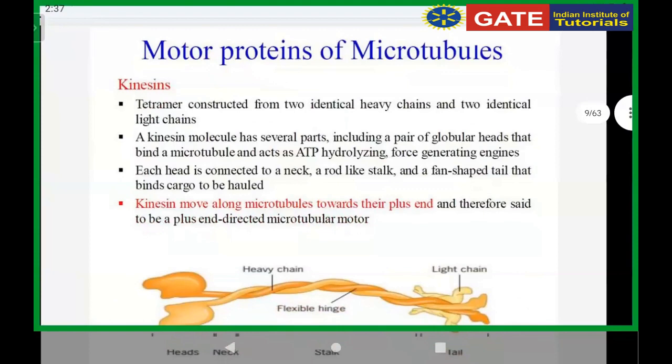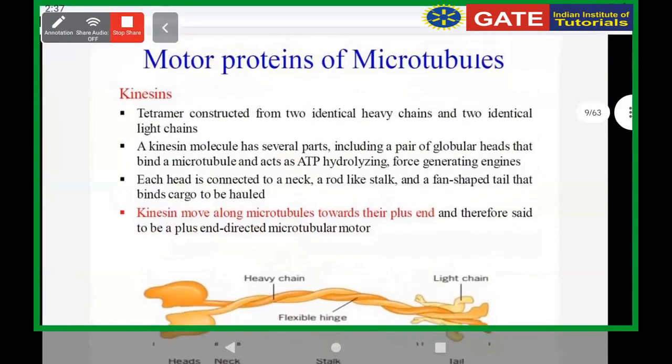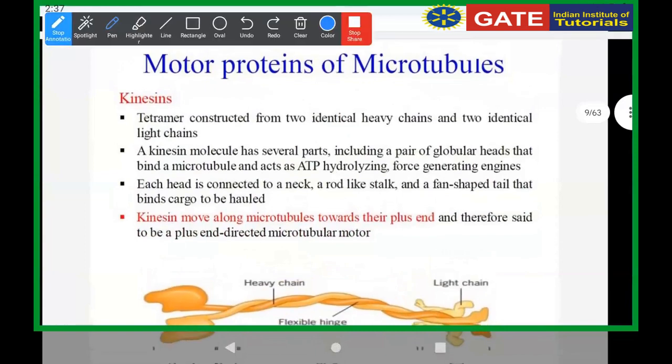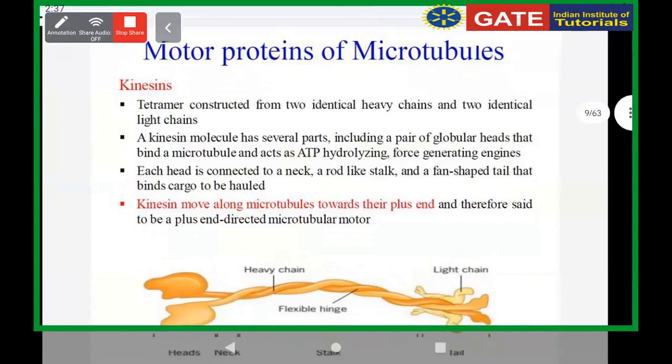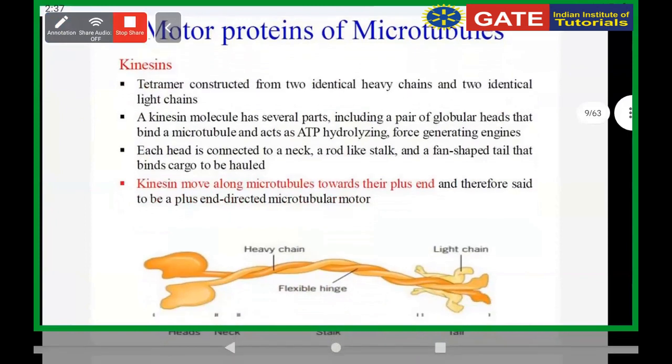So there are several parts. See, globular head, neck, then stalk, and here this is the tail. So here this is the head. The head has the ATP generating engine. It has the ATP binding site, and here ATP hydrolysis takes place.